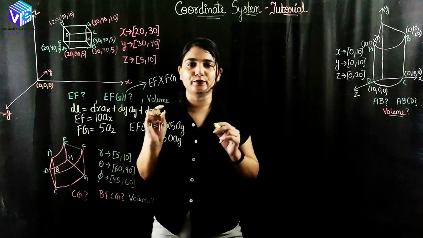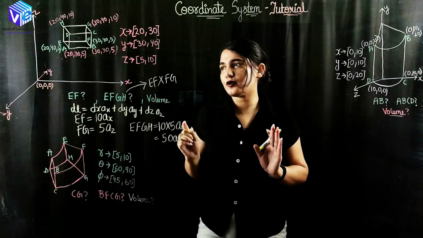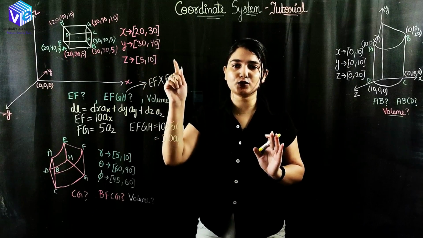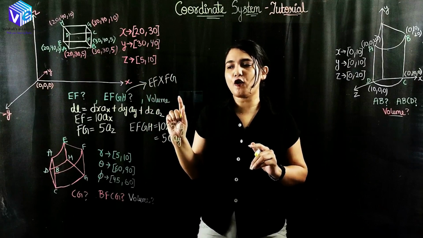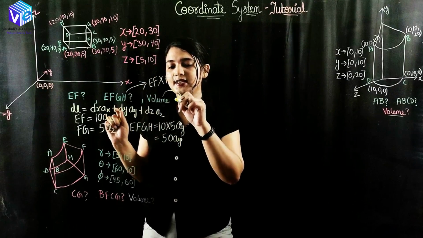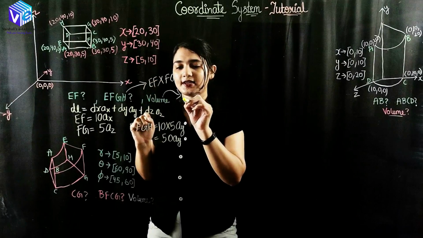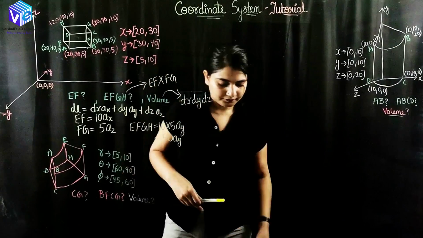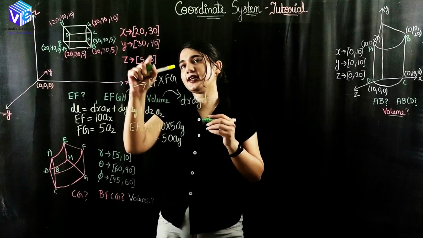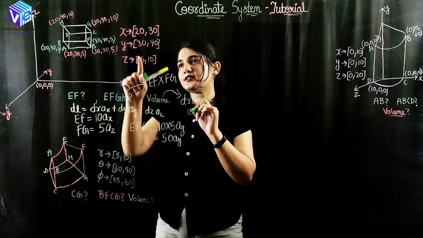Now coming to the volume. Volume is really straightforward. You have to see what is the change in x, what is the change in y, what is the change in z, and we will be multiplying all of them. It is actually dx, dy, dz. So what is the change in x? It is 10. What is the change in y?